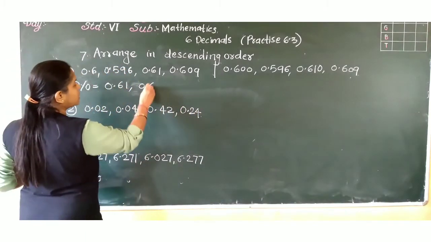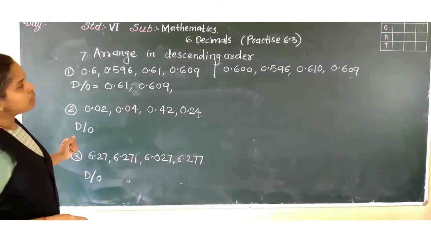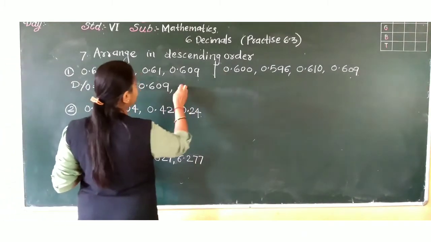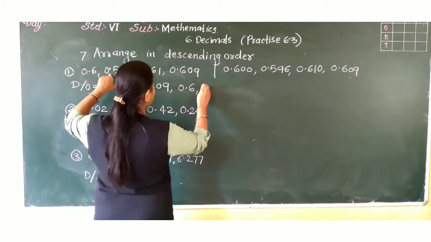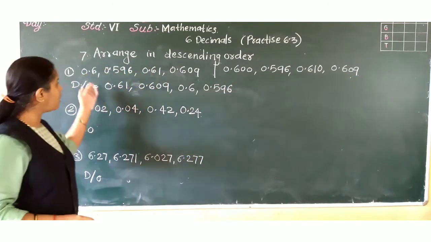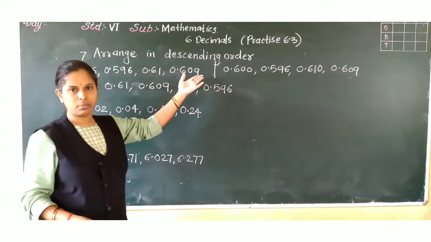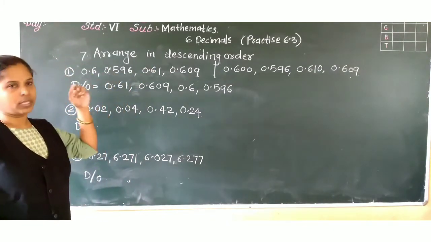So 0.609 will come after. Then 600. 0.600 means this 0.6, and then the smallest is 0.5. Correct? What I did? I just converted this into like decimals by adding zeros and then it became easy.